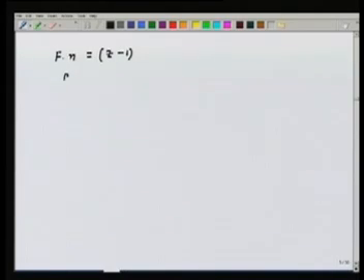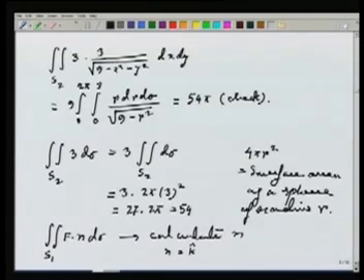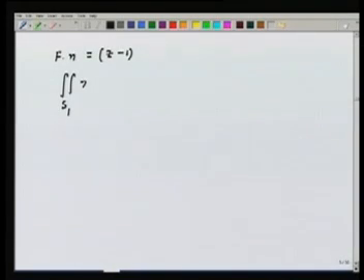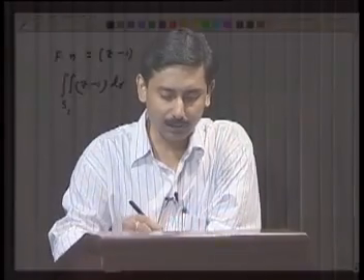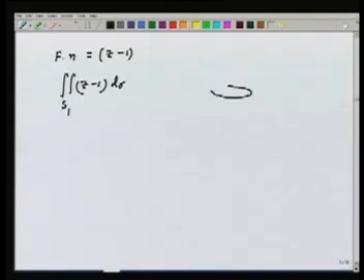So I have to integrate now double integral over S1 of f dot n d sigma, that is z minus 1 d sigma. But notice that d sigma is then nothing but dx dy, because S1 turns out to be this plane region when z is equal to 1. Okay. That means the integrand is anyway 0.